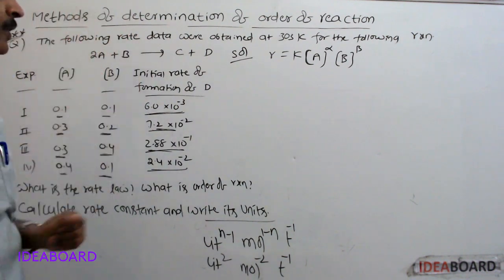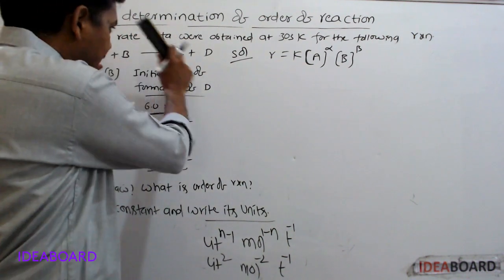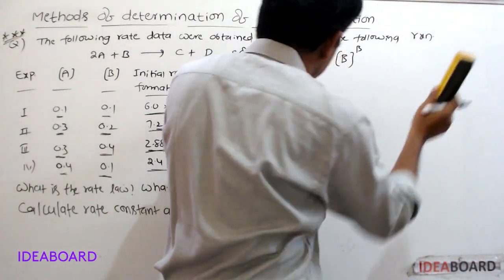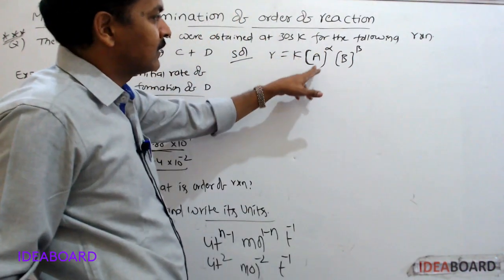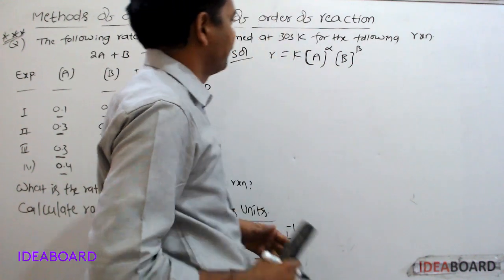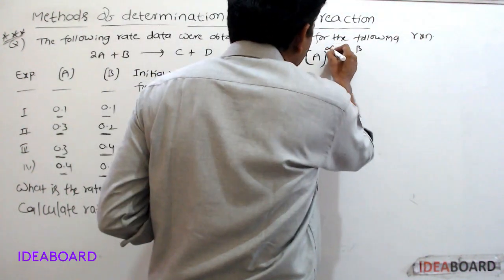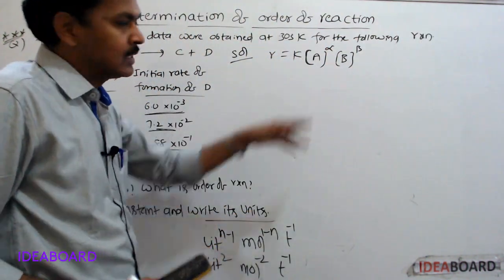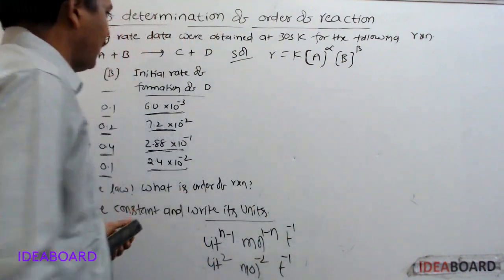Directly we cannot write the rate equation. For this given reaction, I am writing the rate equation like this: rate is equal to K into A concentration power alpha into B concentration power beta. Now we should calculate these alpha and beta values.